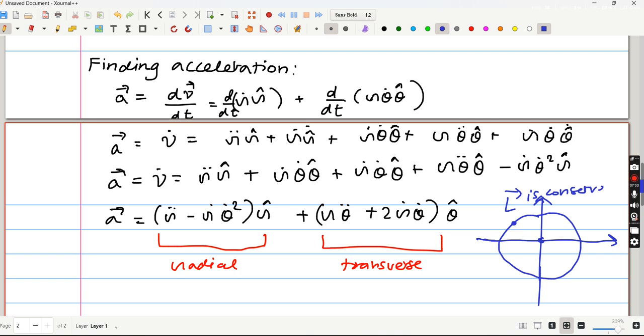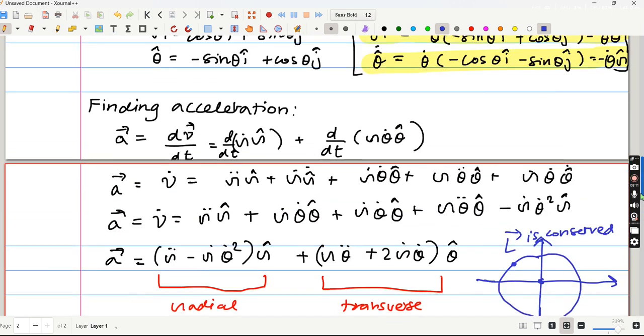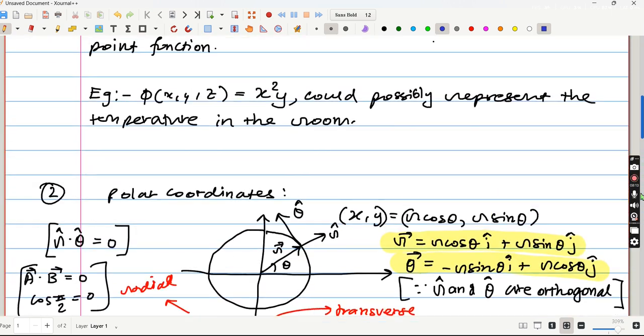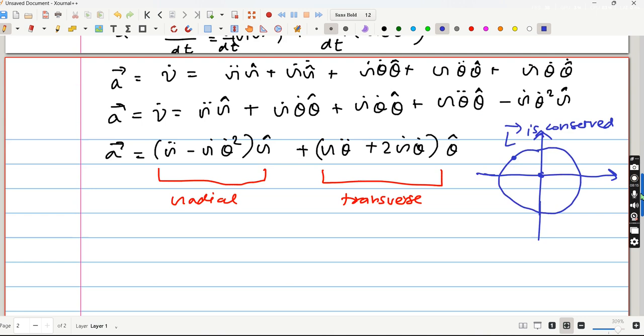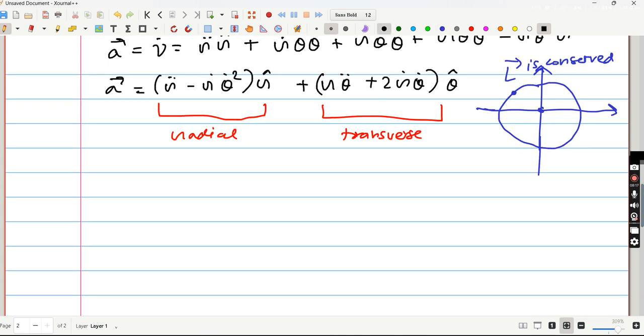Due to that, the transverse component will go away, so the acceleration of the planet will only have the radial component. You can show it, but for this lecture I will not go into further detail, but these are some of the applications that are there.